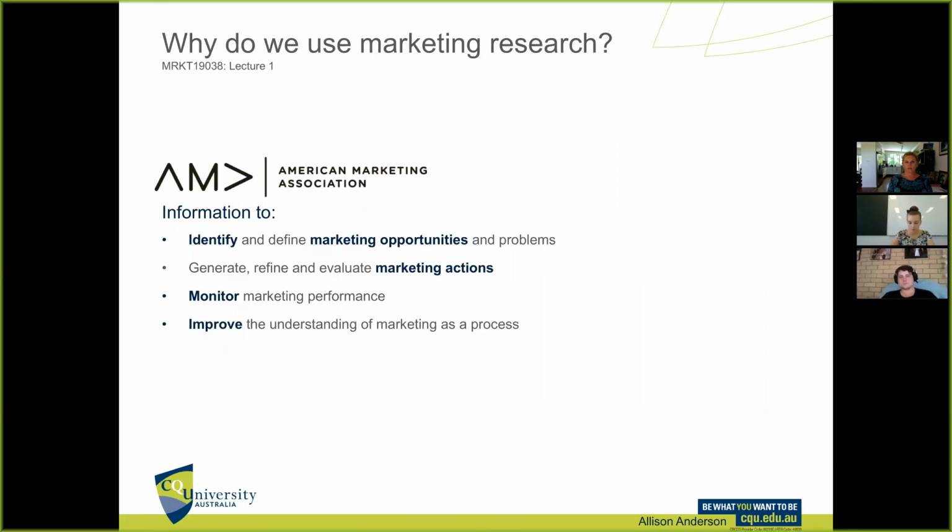Okay, so why do we use marketing research? Well, usually, American Marketing Association, again, this is where people seem to be drawing all of their definitions from at the moment. This is a really wordy description, but it provides information to identify and define marketing opportunities and problems, to generate, refine and evaluate marketing actions, to monitor marketing performance, which is what we're actually doing.